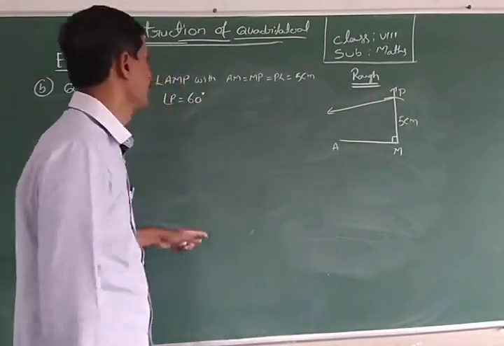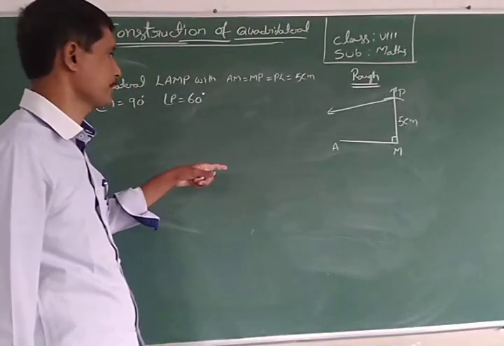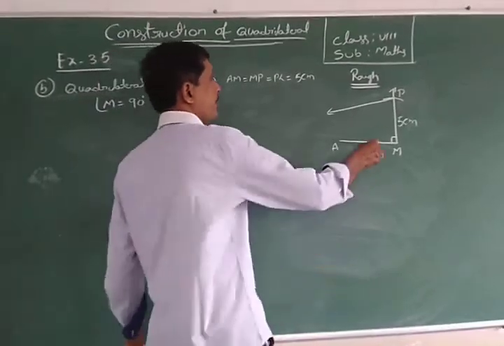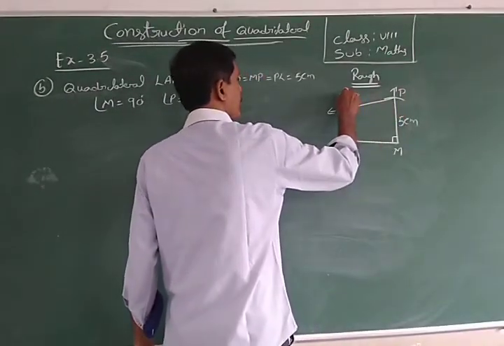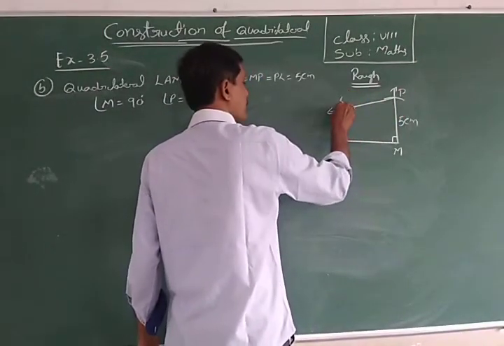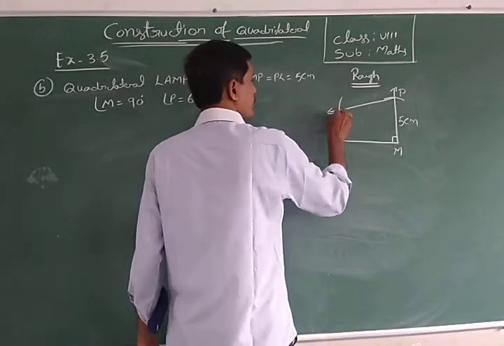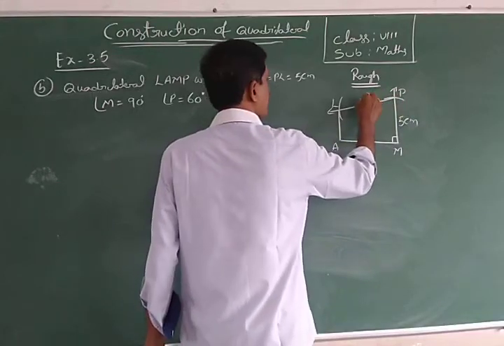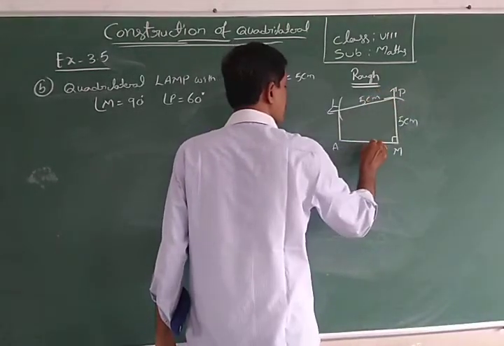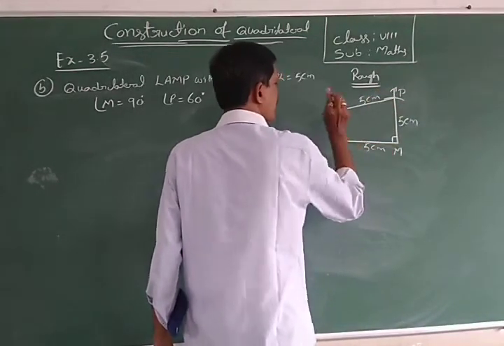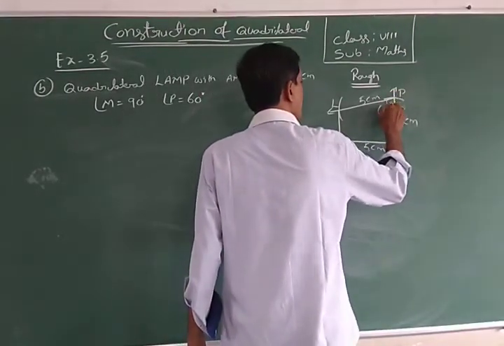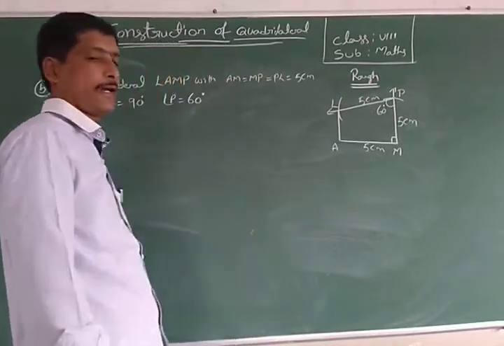Next take P as the center, draw the arc with 5 centimeters. Therefore join the point. The point is L, LAMP. Therefore this is 5 centimeters. This is also 5 centimeters. Here AL. Therefore your angle is 60 degrees. That is a rough diagram.